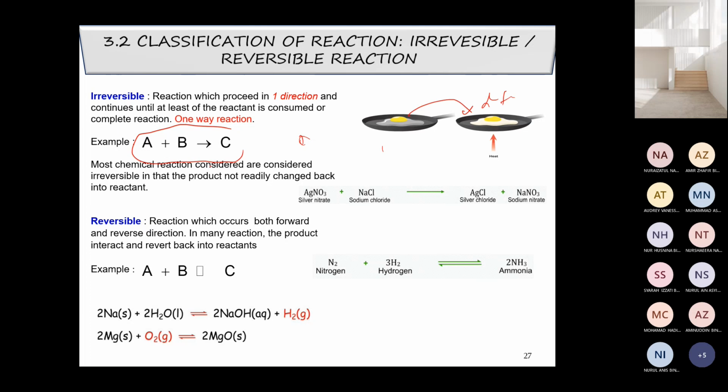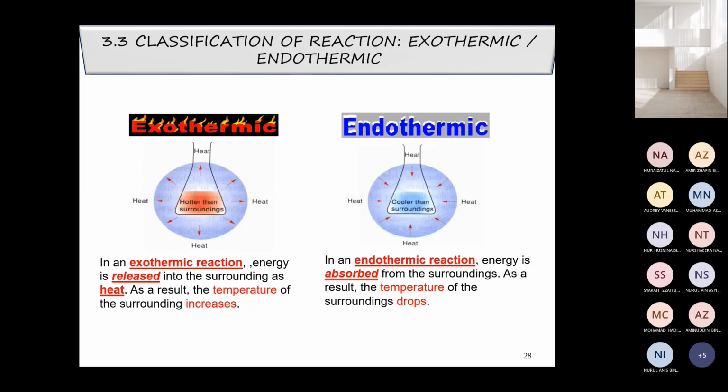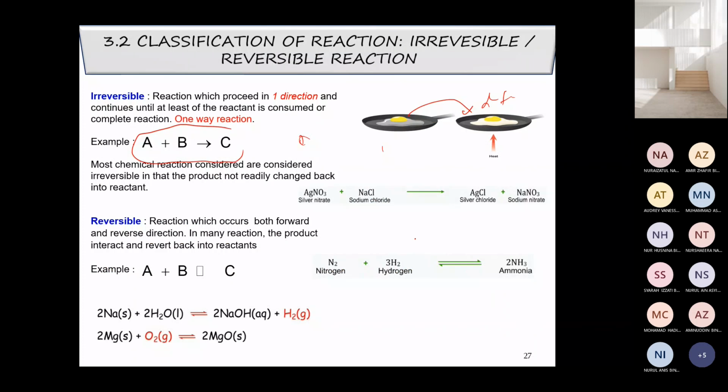Reversible, dia akan boleh bertukar balik. For example, N2 plus 3H2 is equal to ammonia. So ammonia ni pun boleh decompose balik into hydrogen and nitrogen. Bila dia reversible sebenarnya nanti bila you nak derive the rate is kind of complicated sikit. This we will learn later on.